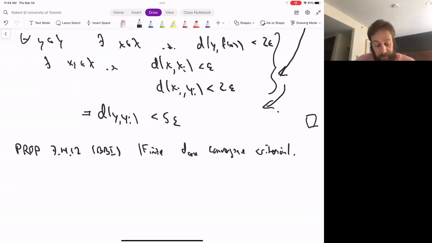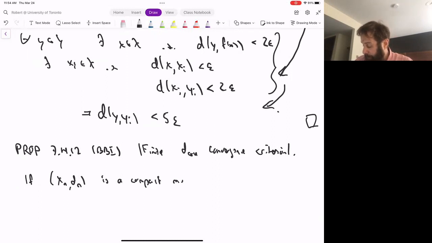And so let's say I have a sequence of compact metric spaces, and a putative limit compact metric space. So n here will be any natural number or infinity.